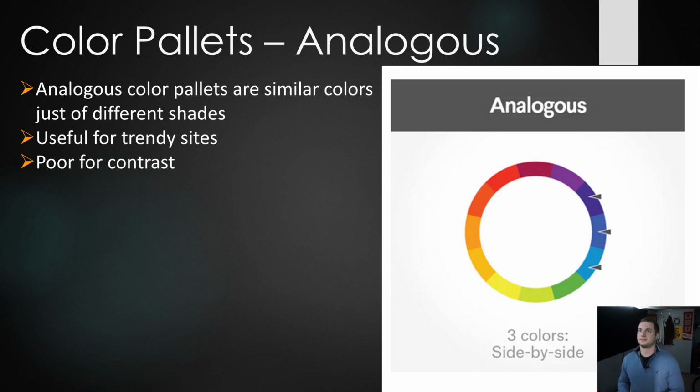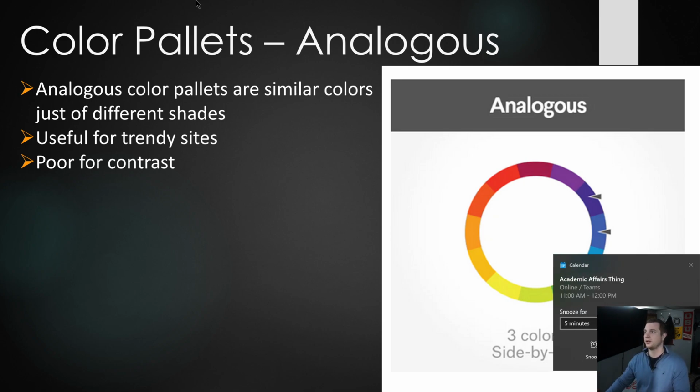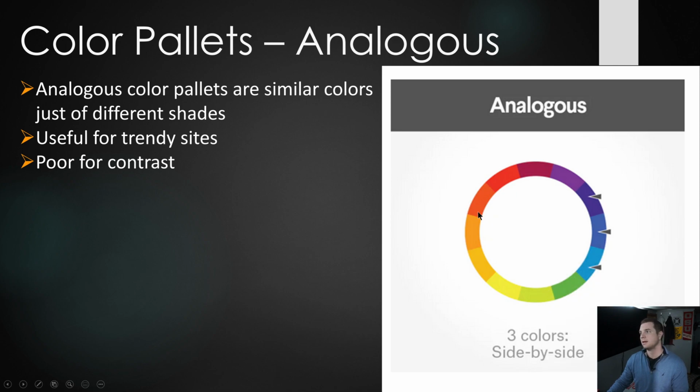All right. So, color palettes. There are basically 3 ways that you can do this, or at least as starting points. There are other ways that you can accomplish things that are a little bit more complex, but generally speaking, you want to start at this type of level. So we have colors that are right next to each other on the color wheel. So 1, 2, and 3, like this.